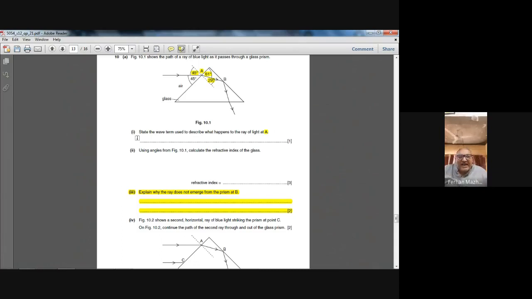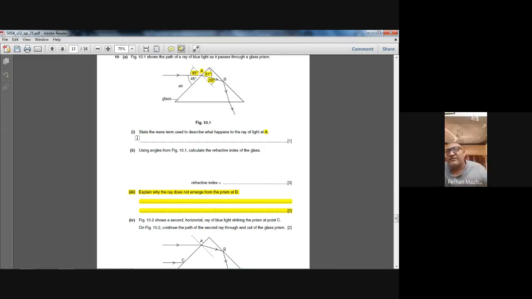You see, the light is traveling in the dense medium. At the point B, the angle of incidence is greater than the critical angle. That's why the process of total internal reflection has taken place, and the light has reflected from the boundary of the dense medium and the rare medium back into the dense medium.